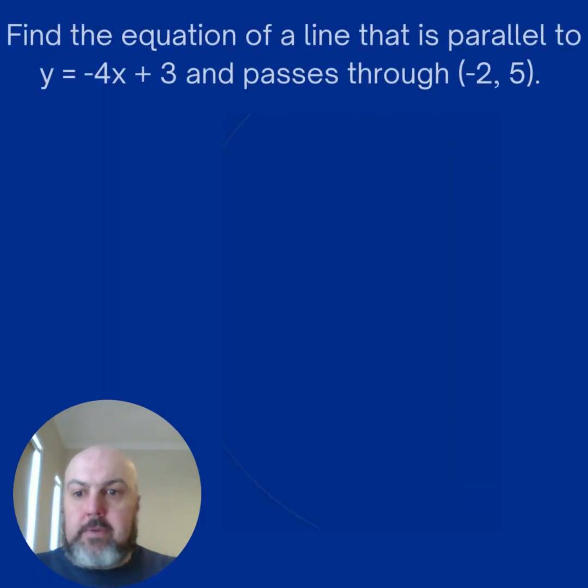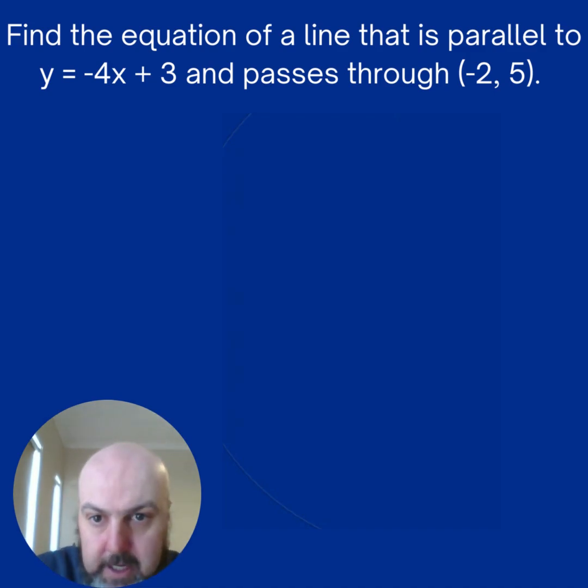Okay, so this one is a typical test question. We want to find the equation of a line that is parallel to y = 4x + 3 and passes through (-2, 5). The first thing we want to observe here is that we have a set of coordinates. They are x and y.